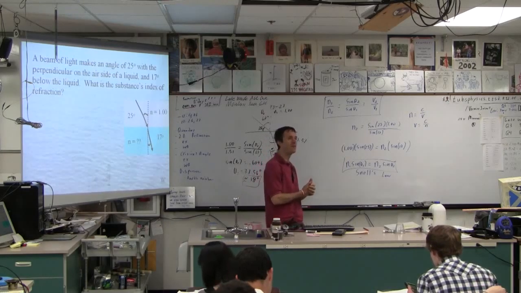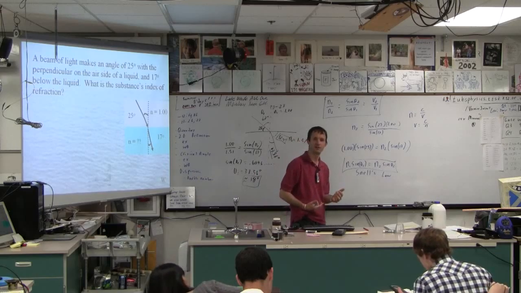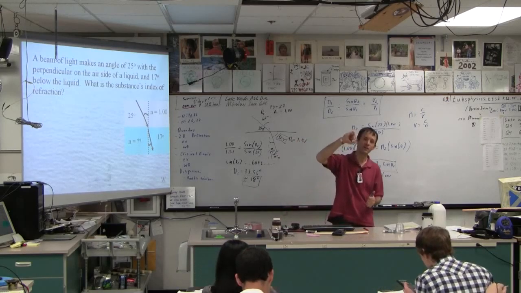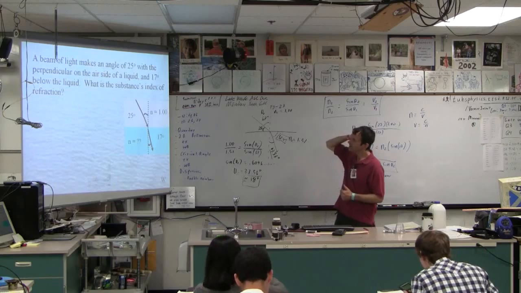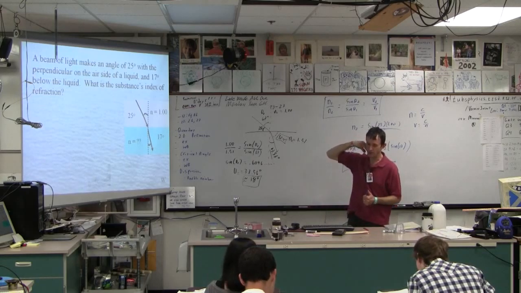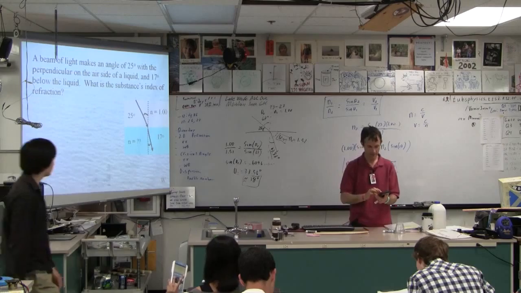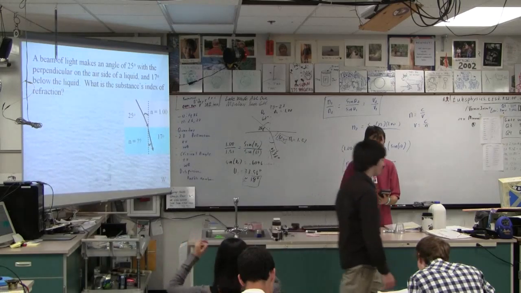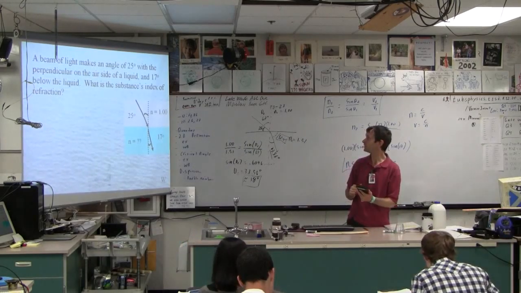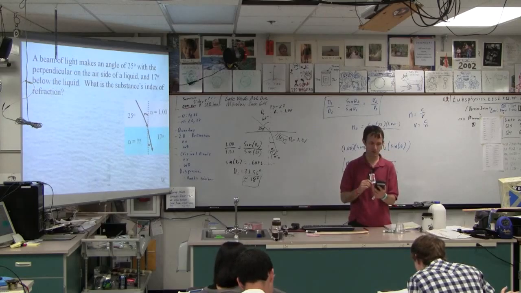I always make N1 be the first one and N2 the second one so that I don't forget. Sine 25 divided by sine 17. As we only have 2 sig figs, but my answer has 3, which is sort of mysterious.